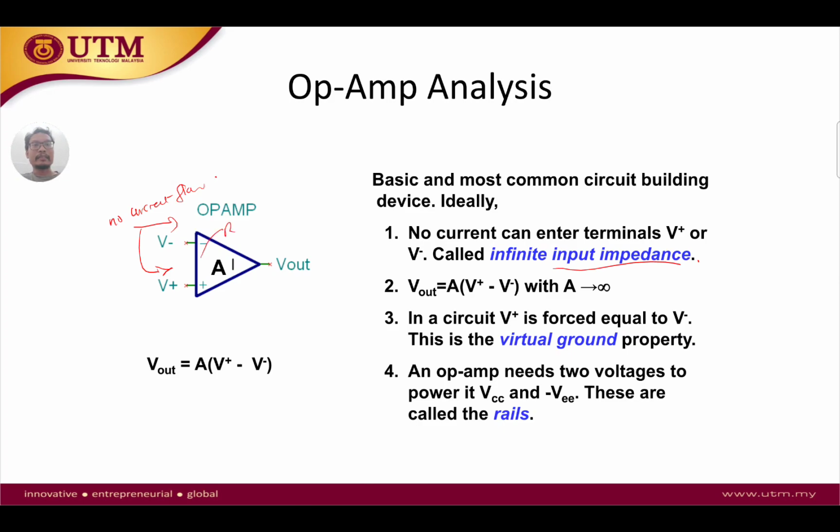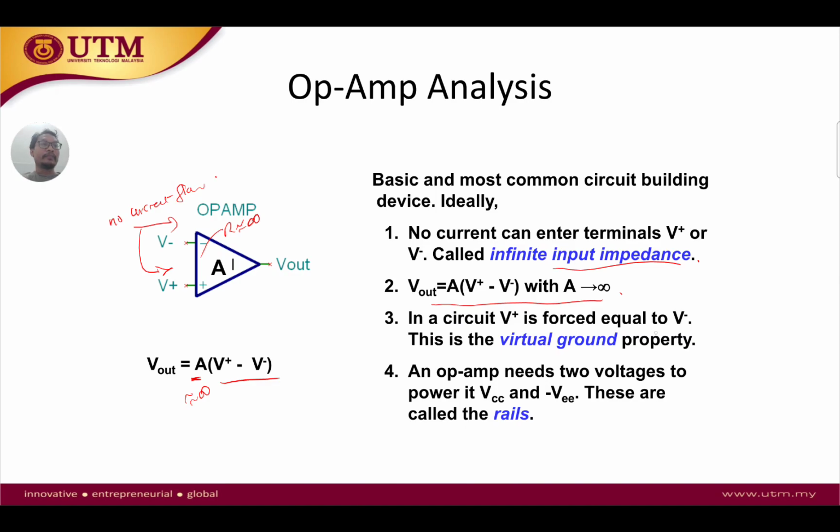R here is infinity on the input side, so we can only see the voltage value but no current flowing in. That's number one. Number two, we have an infinite gain, so A here is infinity. If we supply a differential V plus minus V minus, V out is going to be very large.